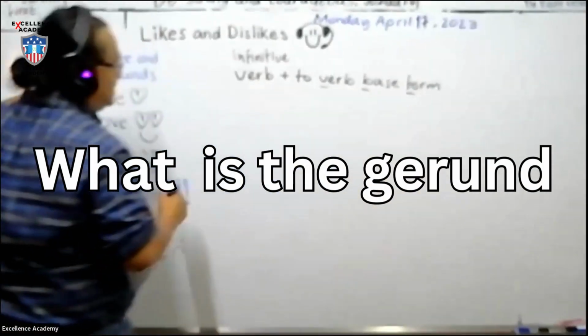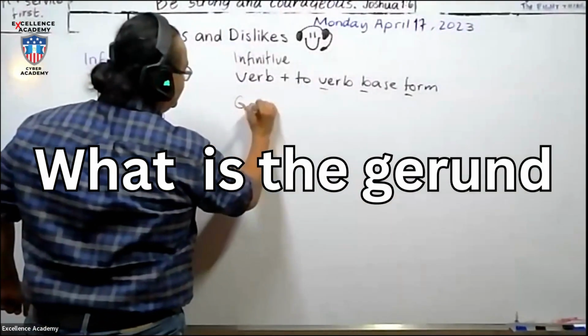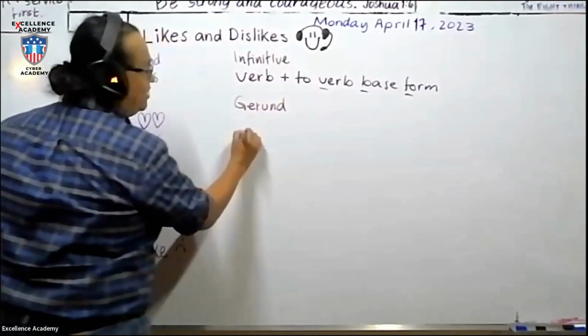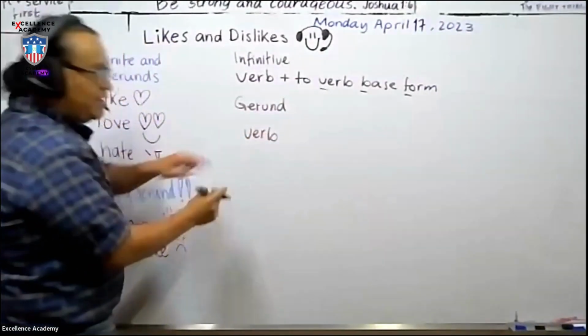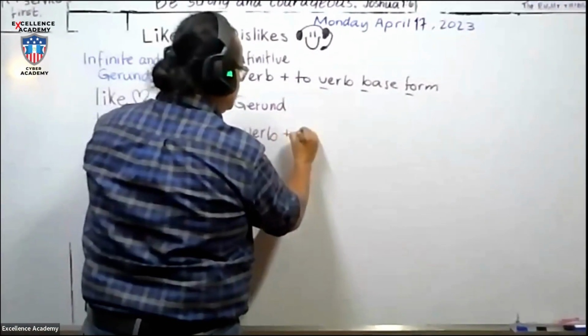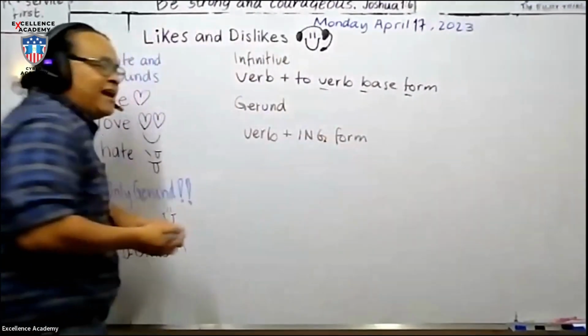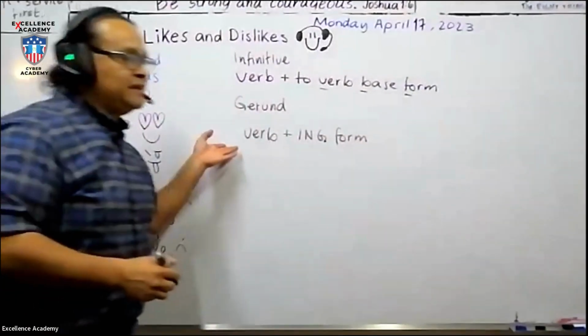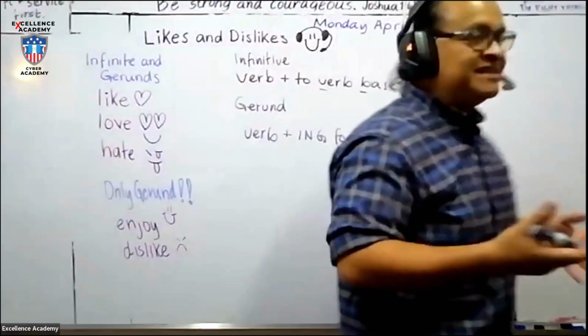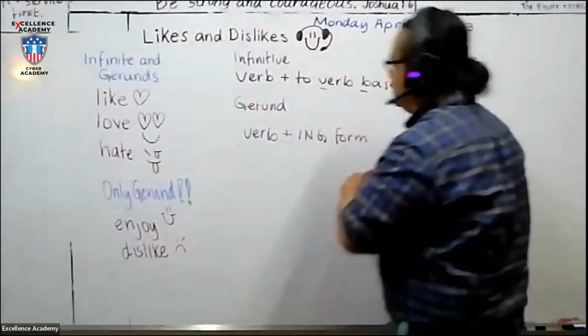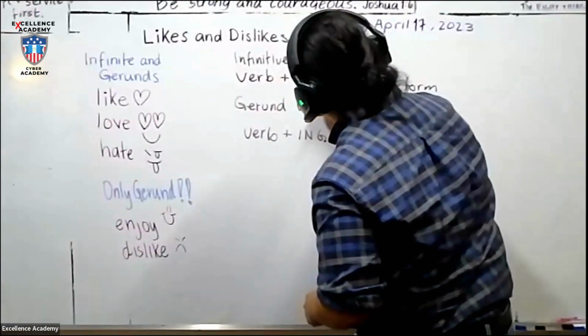Next, we've got the gerund. So what's the gerund? Well, the gerund is, we're going to have a verb, and this verb is going to be always followed by an ing form. Okay, and that's the gerund. And the thing about the gerund is that the gerund is not actually a verb. A gerund is actually a noun.